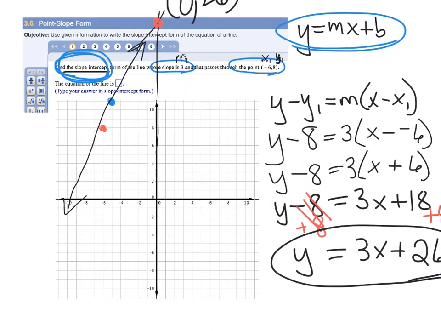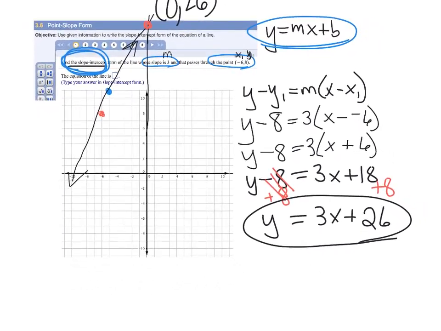So the important thing that I want you to know is, one, you have to memorize or write down this thing. It's called the point slope formula, and it's called the point slope formula because you know a point, x1, y1, and you know the slope.